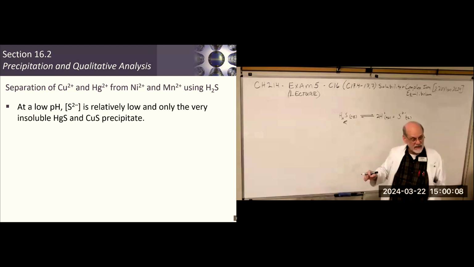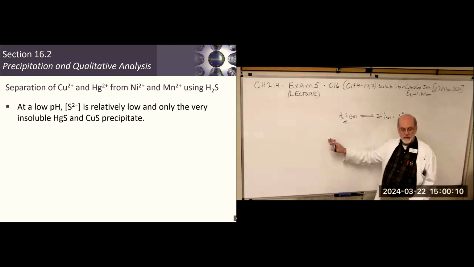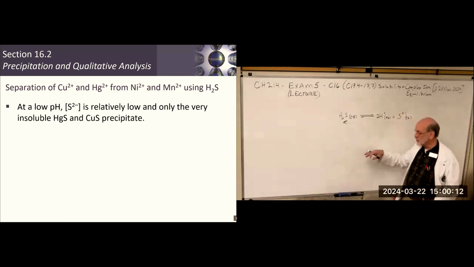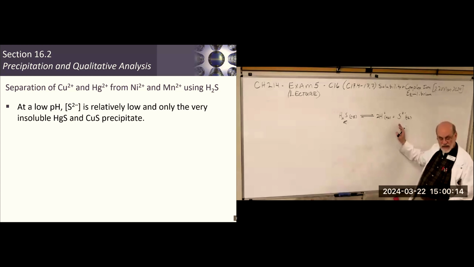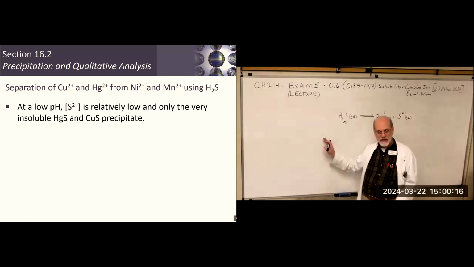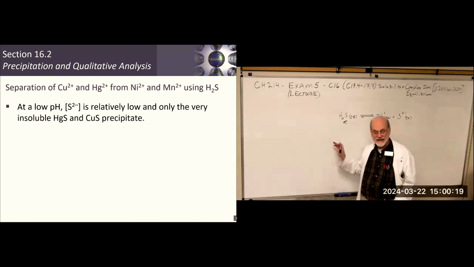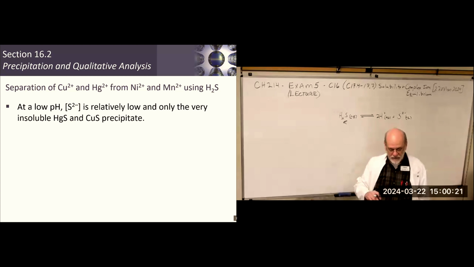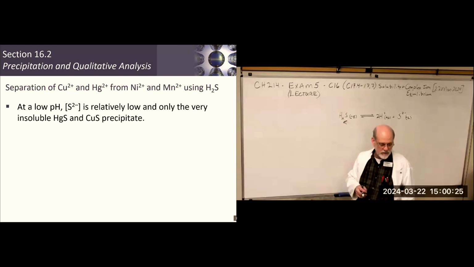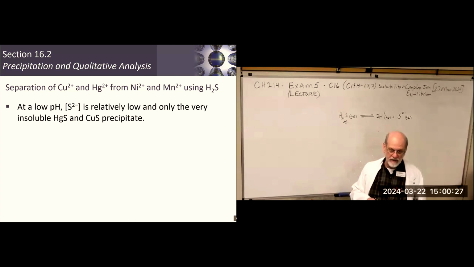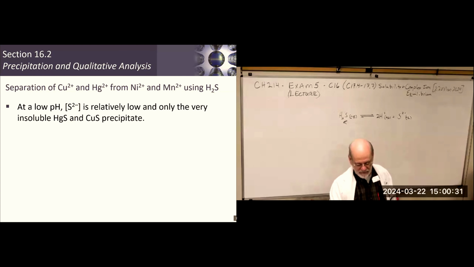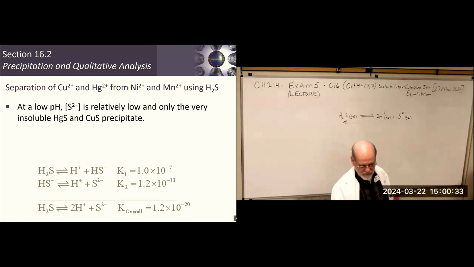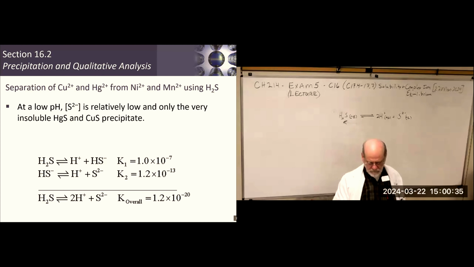If the KSP is very low for a sulfide of one of those metals, and you start off with a low value here, you're likely to precipitate those with low KSPs and leave the others behind. So that's what we're doing. Only the very insoluble mercury 2 sulfide and copper 2 sulfide will precipitate. They have extremely low KSPs. So we get those out of solution and separate them from the rest.